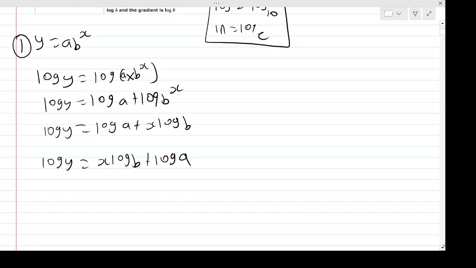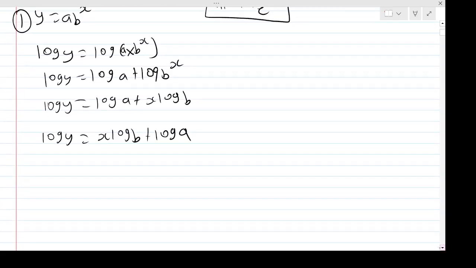What does this mean then? Well, let me say that big Y is equal to log little y, big M is equal to log b, and big C is equal to log a.